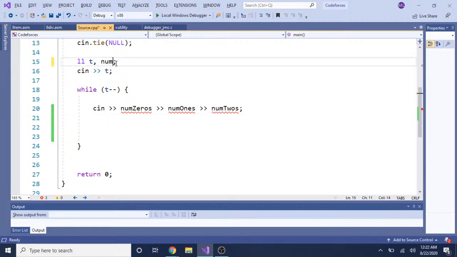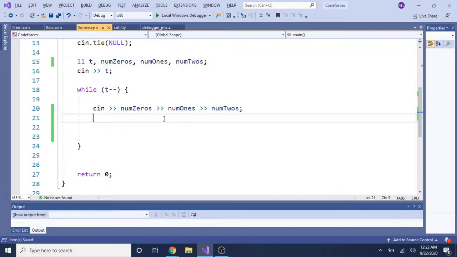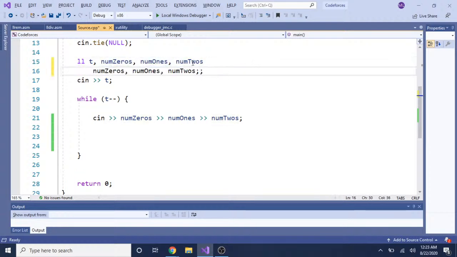It's called num0s, num1s, num2s. And then this is for A. We want a B one, so let's copy this and do the same thing for B. So this one is called B num0s, B num1s, B num2s.